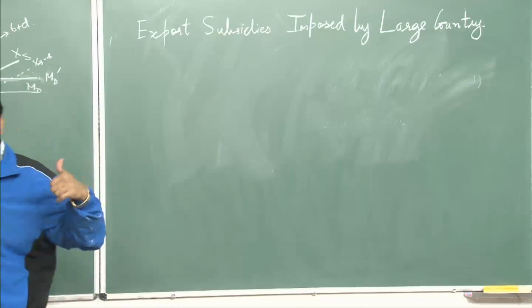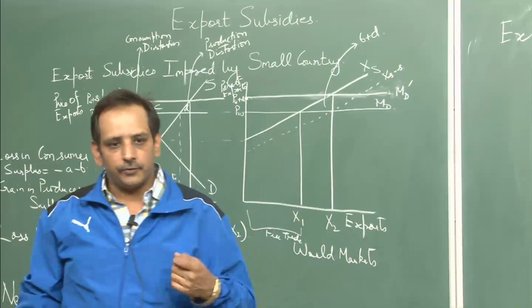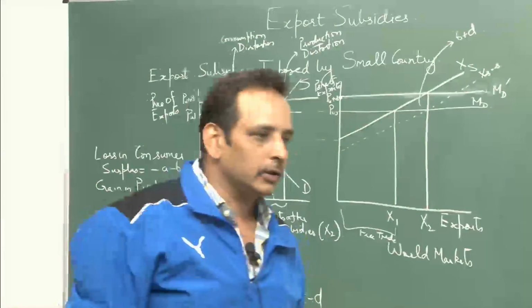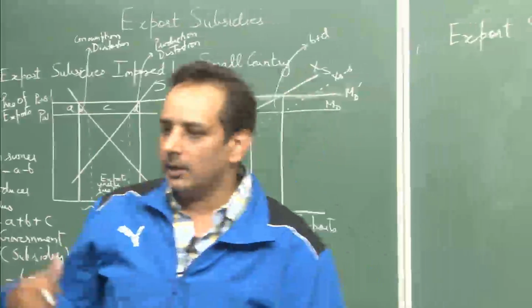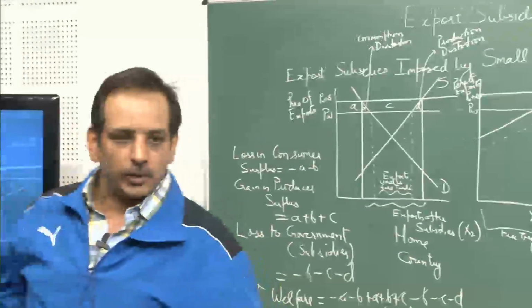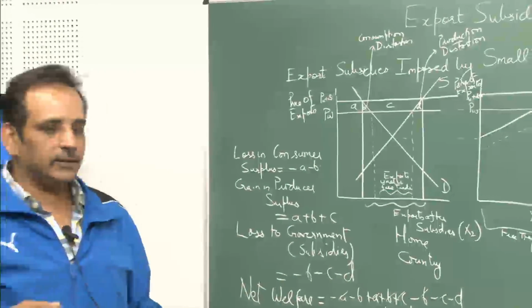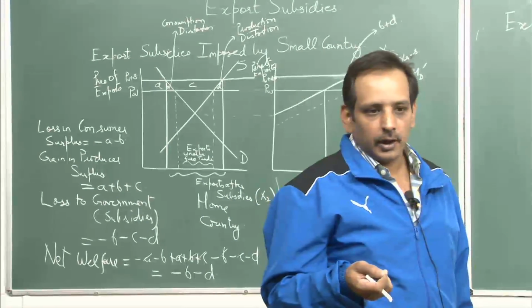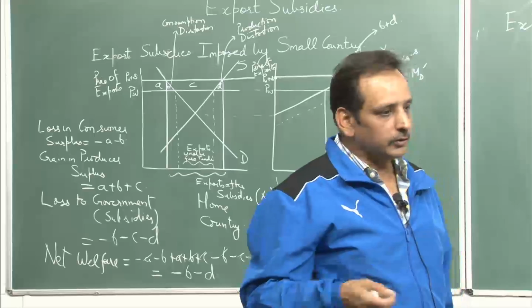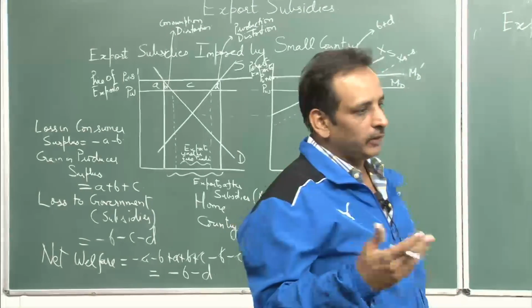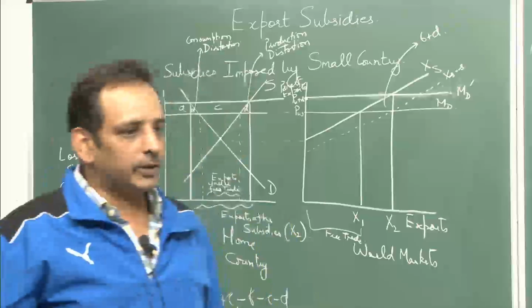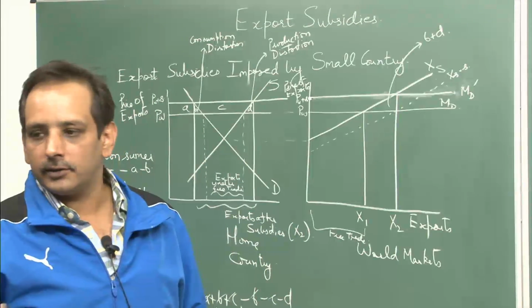And once we discuss this, I will come to the other type of support that the farm gets, that is called domestic farm support. These are export subsidies, but you can always give production subsidies also, right? Instead of export subsidies, you can give production subsidies. Whatever the producers do, whether they want to sell it domestically or in the foreign markets, is separate.